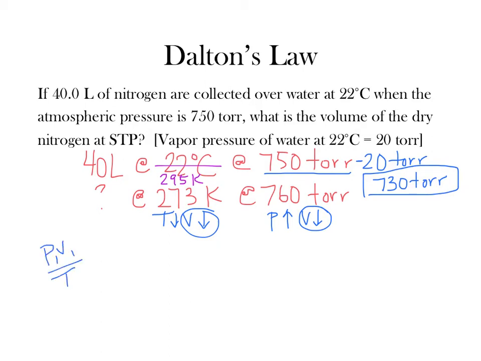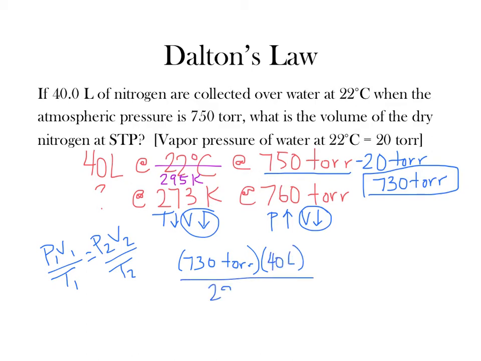P1V1 over T1 equals P2V2 over T2. So plugging that in, not 750 torr. Make sure you're using 730 torr. So these are all my initial conditions and my final conditions at STP.